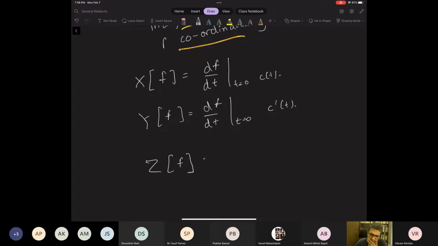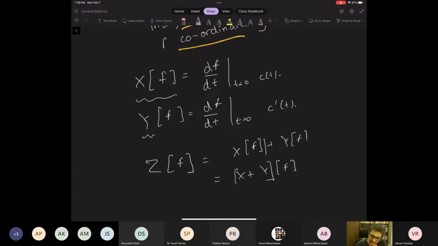So let me just take the simple operation of adding them. It's possible to define the addition of these two operators, which I can write as x plus y f.